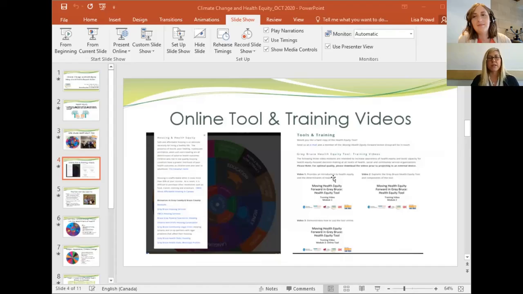So the tool is available in hard copy. We still have quite a few copies left of the tool, but it is also an interactive online tool. And online, there's much more content, resources, and local supports. So we're really encouraging people to use the online tool.